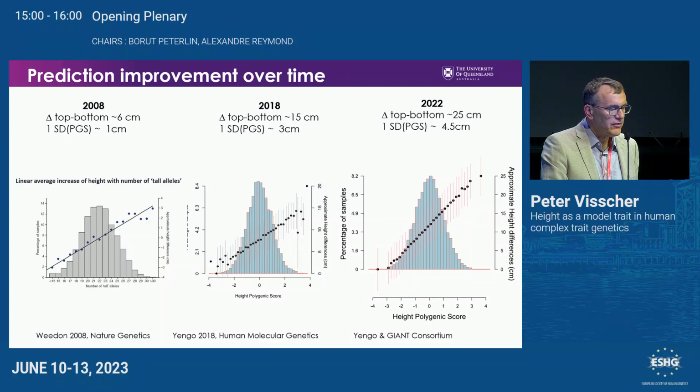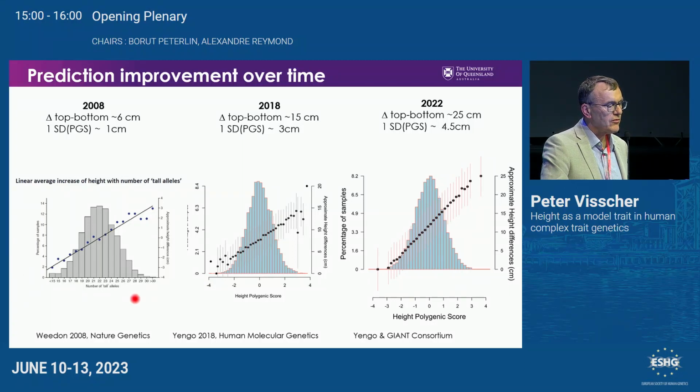So let's look at prediction in slightly more detail now. If we look at prediction over time, what I've taken here is 3 snapshots of predictions for height from 2008, 2018, and from the paper in 22. And the way I've parameterized the accuracy, or how well the prediction does, is to look at the difference in mean phenotype between individuals who are at the very top and the bottom of the genetic prediction, a polygenic risk score.